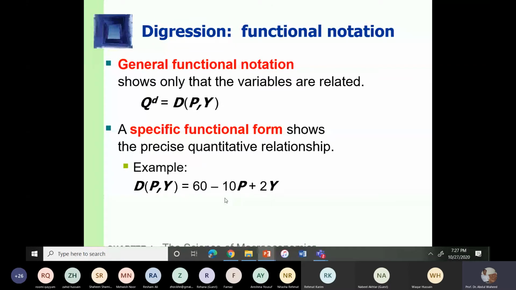This shows that if price is zero and aggregate income is zero, there would still be a demand for 60 new cars. You can see that there is a negative relationship between the price of cars and the quantity demanded of cars, and a positive relationship between aggregate income and the demand for cars. So this is the specific functional form.